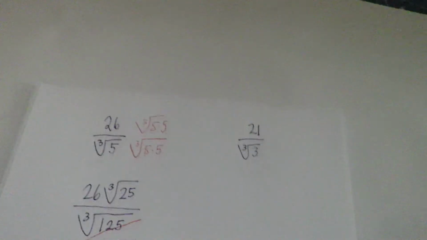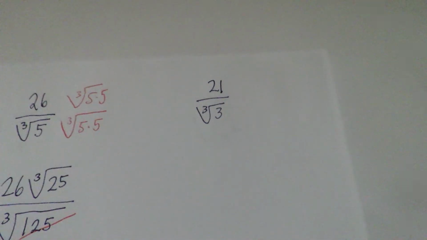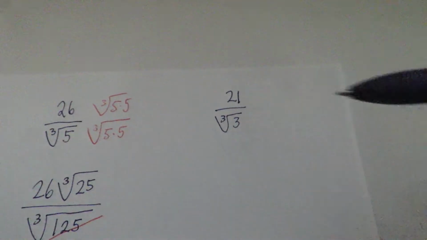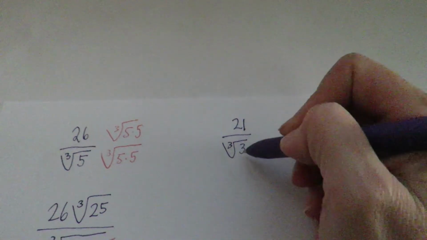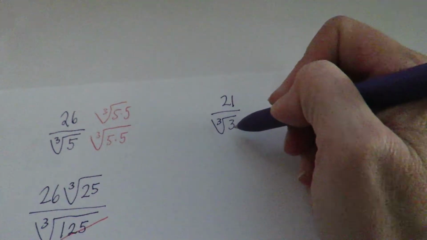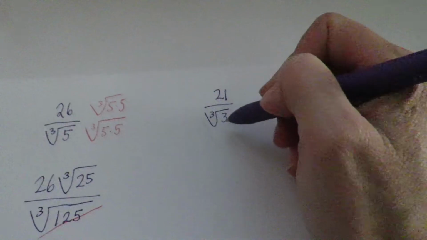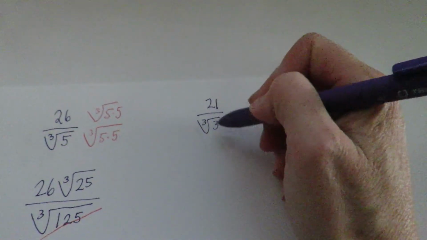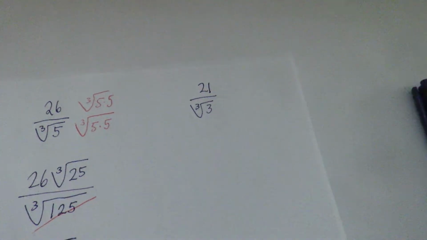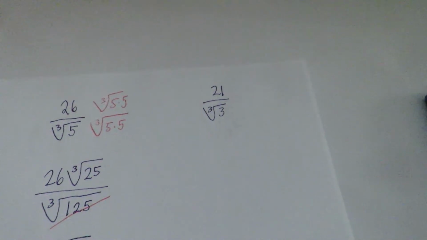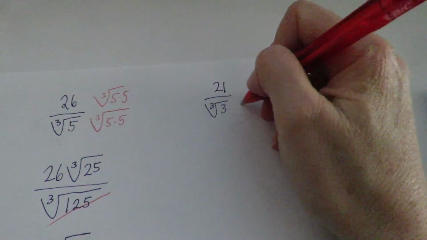Okay, let's try another one. So this, we can't have a radical in the denominator. We have to force this out. This is a cube root, so in terms of coefficients I need 3 of something, I need triplets. So far I just have 1, 3. So how many more do I need to make that a perfect cube? Good, I'm going to need 2 more.